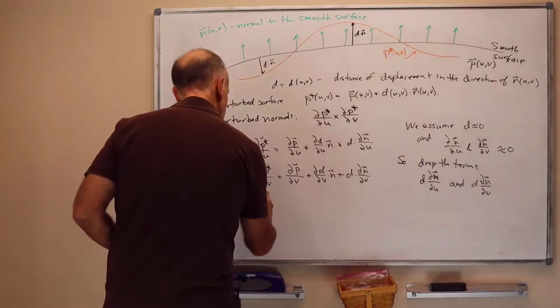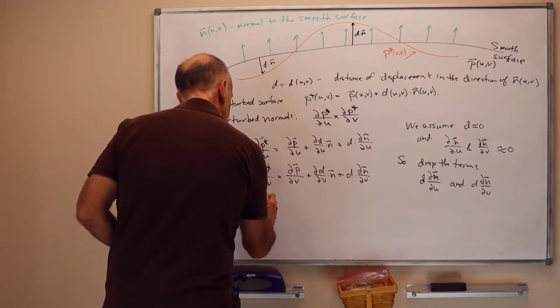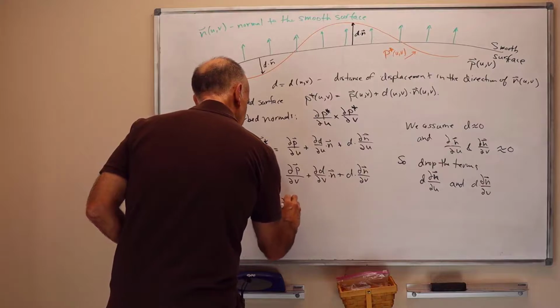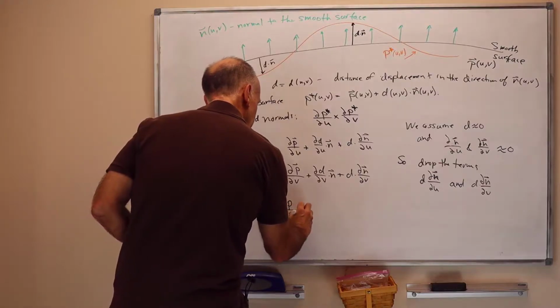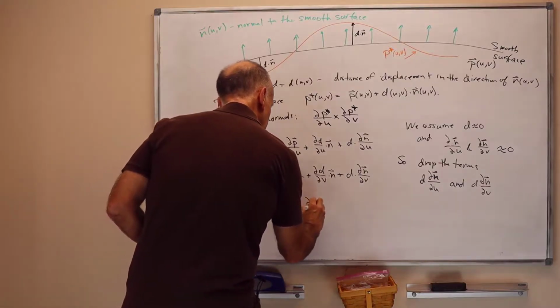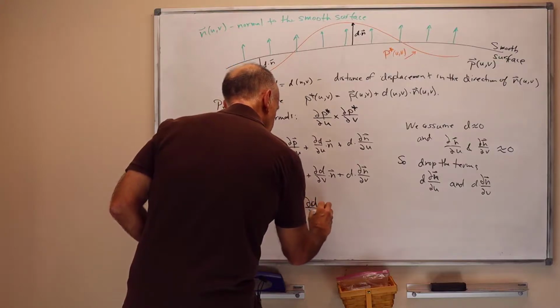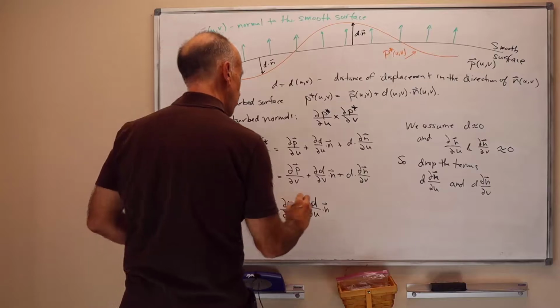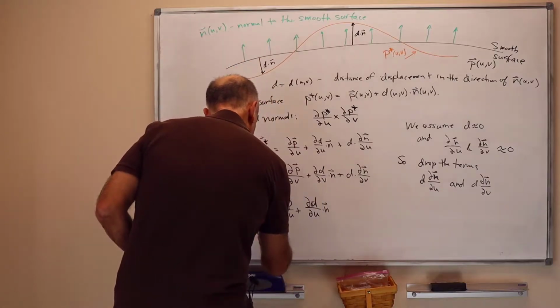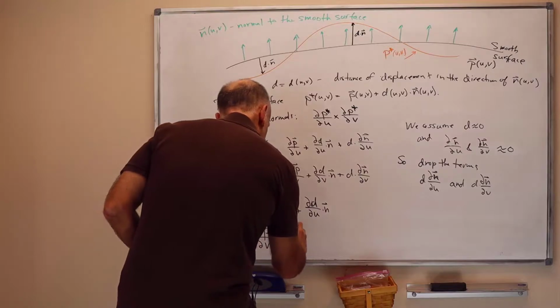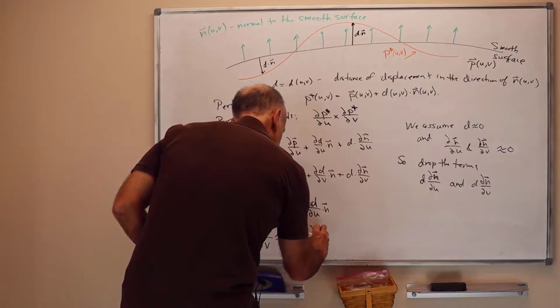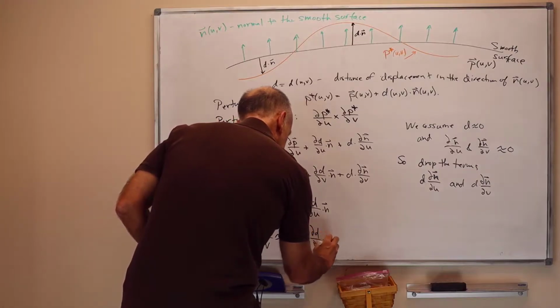So the partial of P star with respect to u we can approximate as the partial of P with respect to u plus the partial of d with respect to u times n, and the partial of P star with respect to v is approximately the partial of P with respect to v plus the partial of d with respect to v times n.